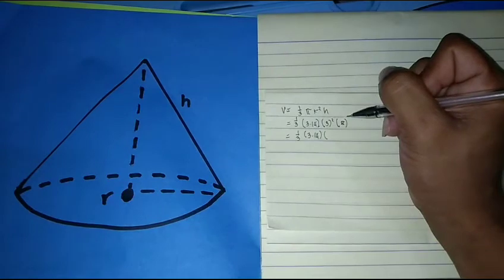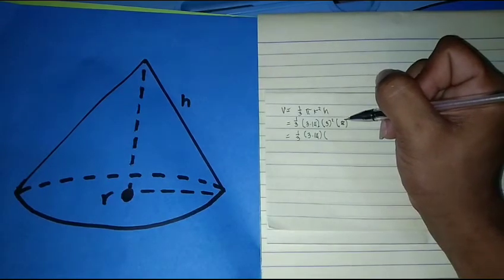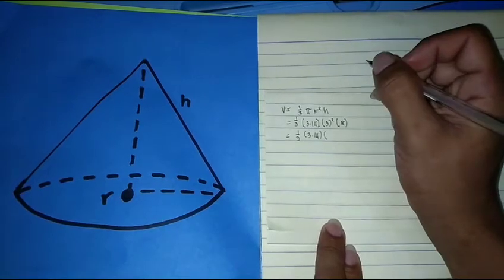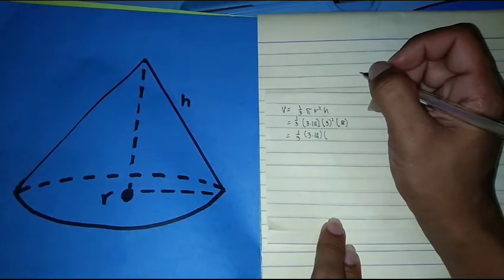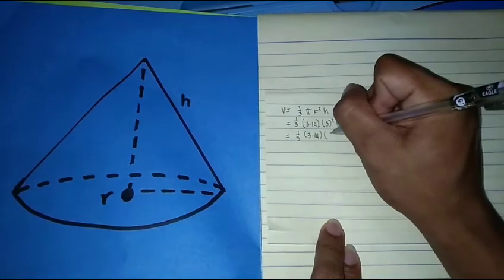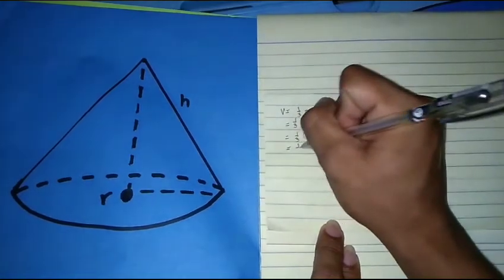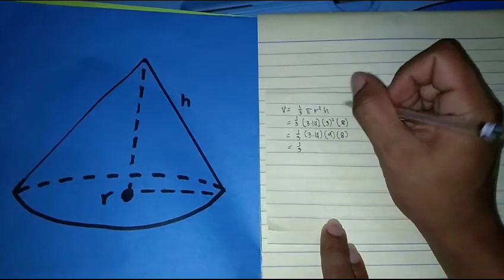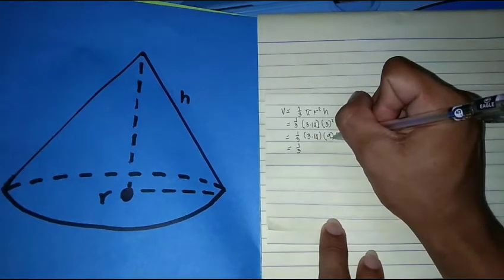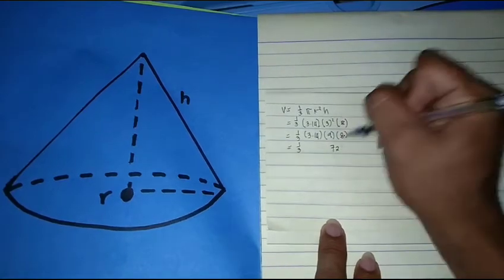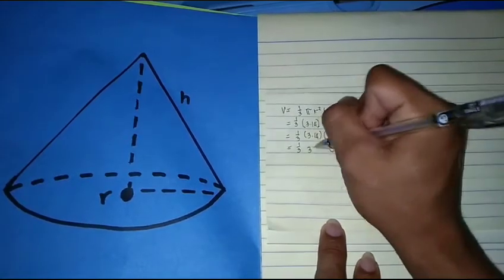Since the radius has an exponent of 2, we need to multiply 3 by 3 to get the product of 9. Copy the value of the height. Multiply 9 times 8 to get the product of 72. Copy the 3.14.